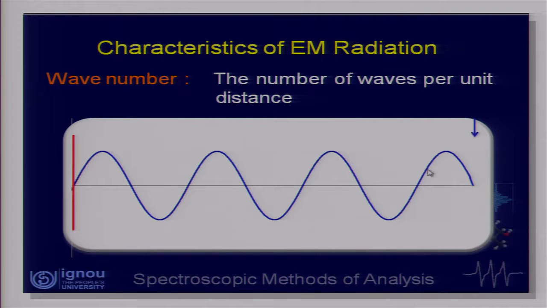How do I define wave number? This wave, as shown here, has 1, 2, 3, about 3.5 wavelengths; one wave is essentially one wavelength. So there are 3.5 waves in this distance from here to here.